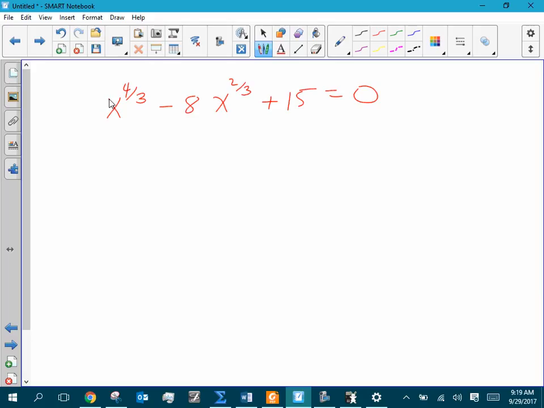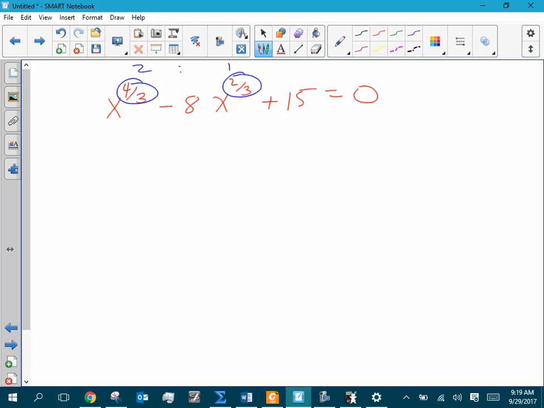I think the best way, this is not a polynomial equation. It's got those exponents of fractions, or rational exponents, usually what we call it. But if we look at them, is that exponent right there and that exponent right there, are they in a 2-to-1 relationship to one another? Okay, so that's the key thing to think about.